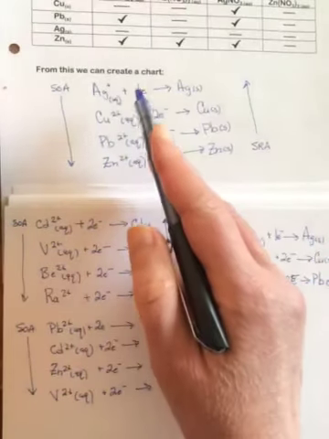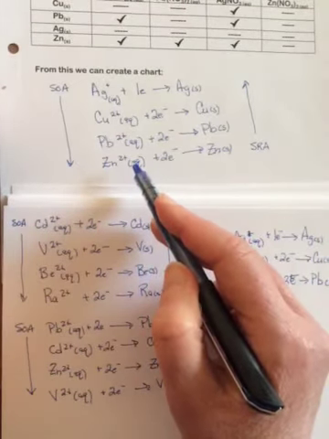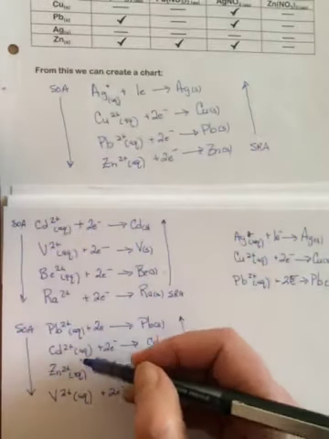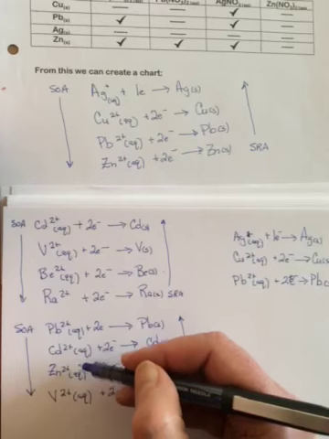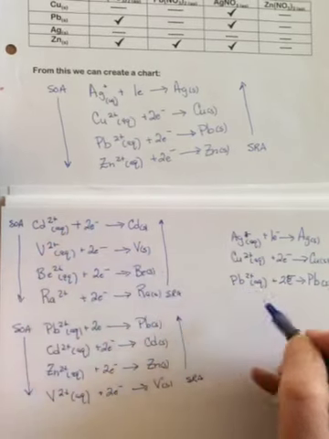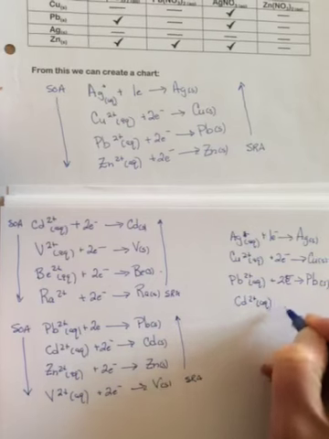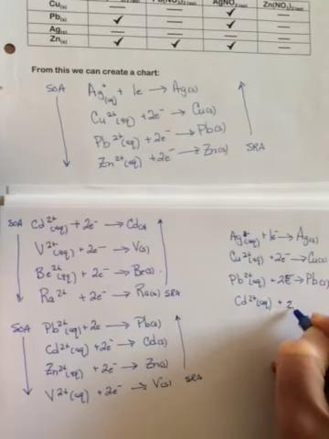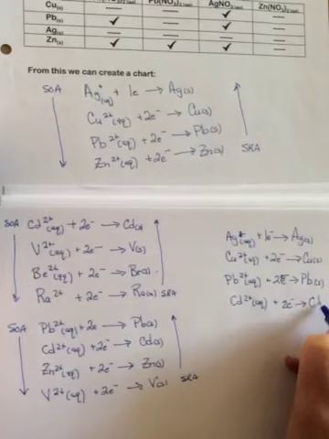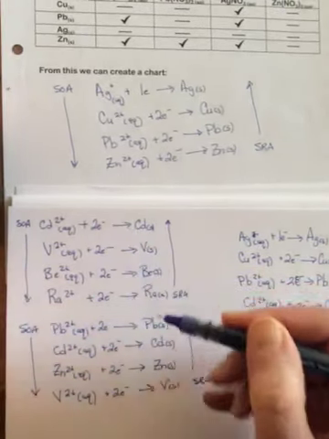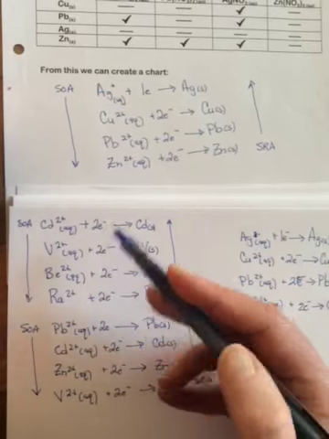Okay, so now we've used 3 of the 4 on the first table. We look at zinc, which is the last one on the first table. It's under cadmium on the third table, which means cadmium must be next. So Cd2+ aqueous plus 2 electrons goes to Cd solid. All right, now where does zinc go?